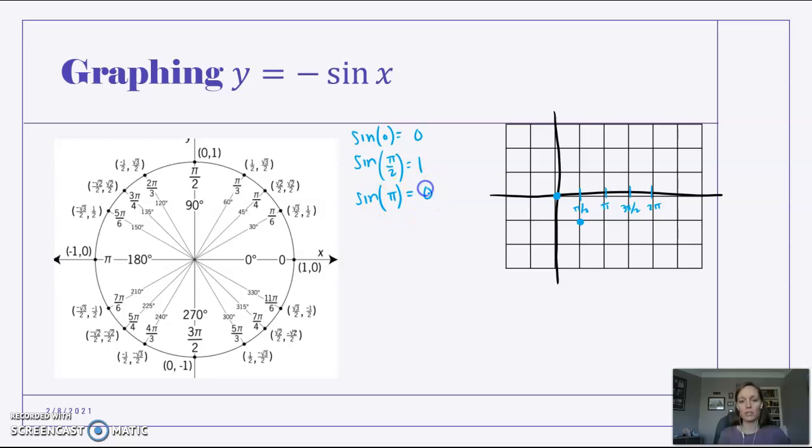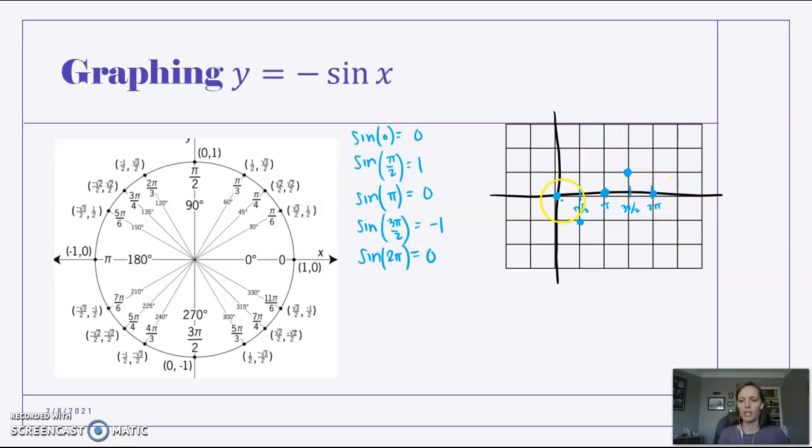Sine of pi is equal to 0, so when I multiply that by a negative, it's still just a 0. Sine of 3 pi over 2 is equal to negative 1, and if I multiply that by a negative, now it's going to be a positive 1. And then sine of 2 pi is equal to 0, and if I multiply that by a negative, it's still a 0.